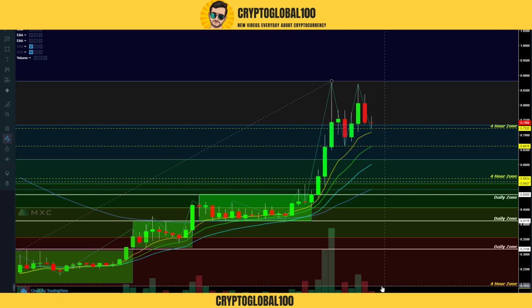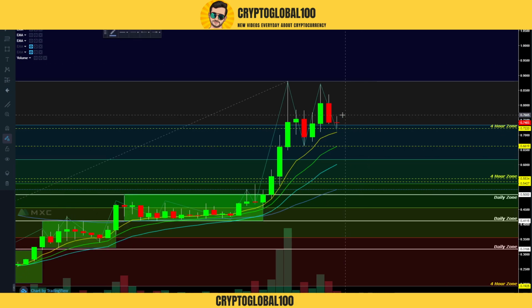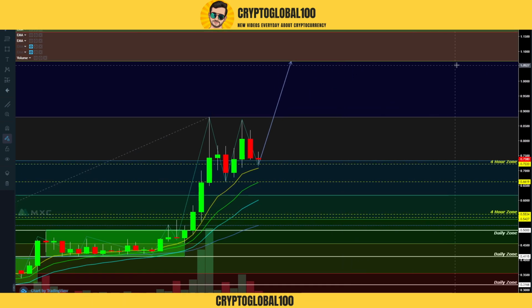Now if the price is in the uptrend mode or the volume is good, then what I see is we might see good volume, and we can break through this level, and we're gonna touch this level, 1.60.